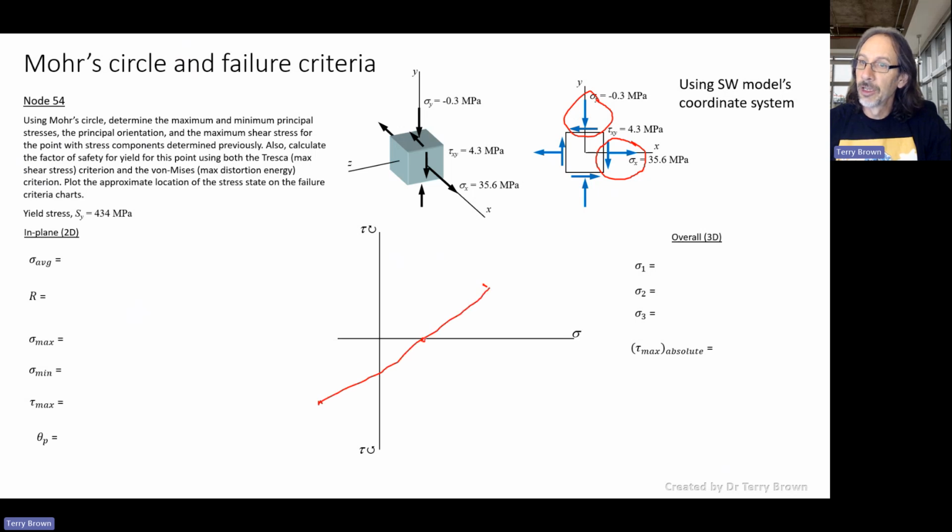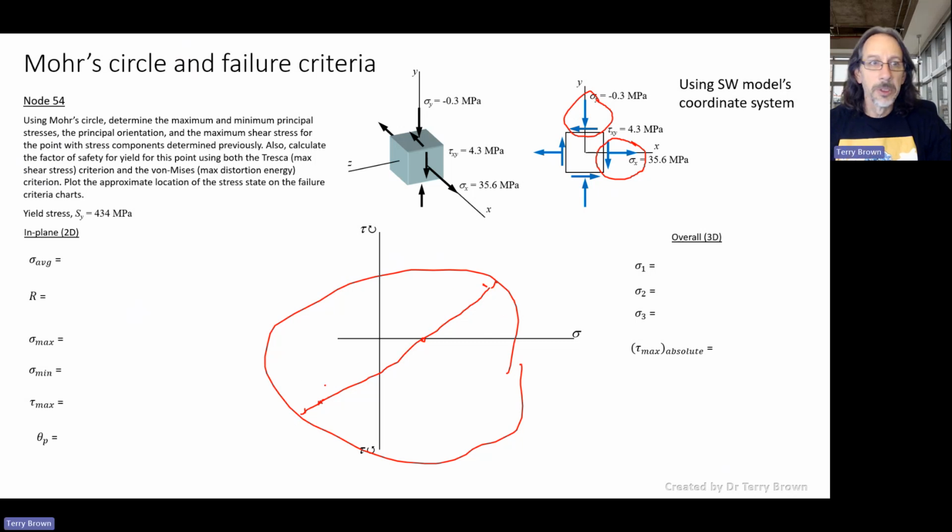Where's the middle of that line? It crosses at there, and then we draw a circle through those points, that's not very good. And we're going to use trigonometry to find some things about this circle.